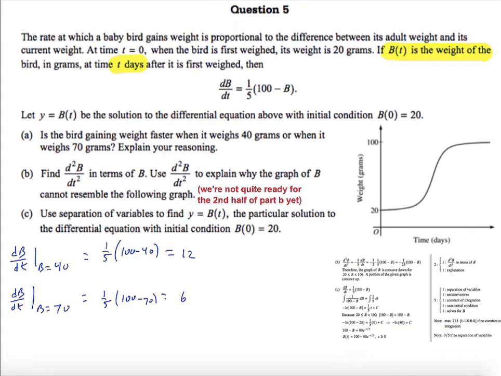So since the rate at which the bird is gaining weight is bigger when B is 40, we can say the bird is gaining weight faster when it weighs 40 grams, sorry.